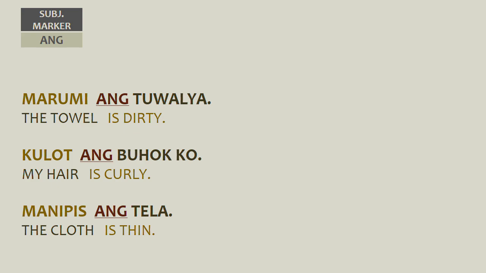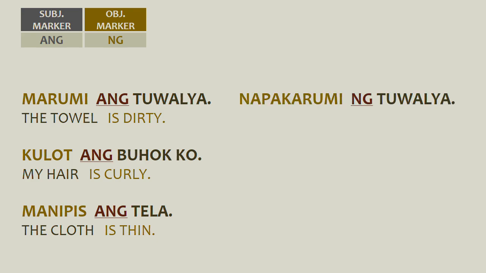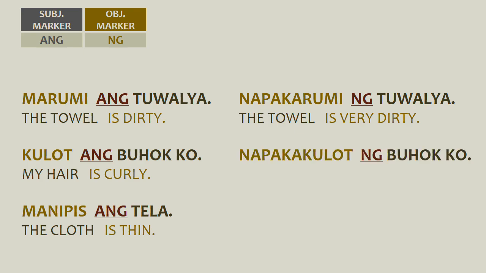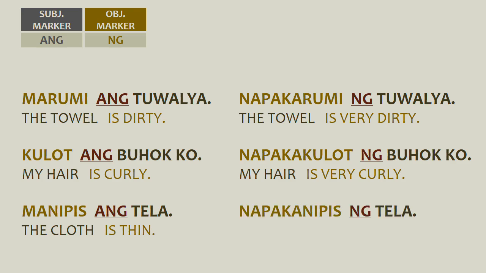In this case, nang. Napakarumi ng tuwalya. The towel is very dirty. Napakakulot ng buhok ko. My hair is very curly. Napakanipis ng tela. The cloth is very thin. So we're no longer using ang, we're using nang.